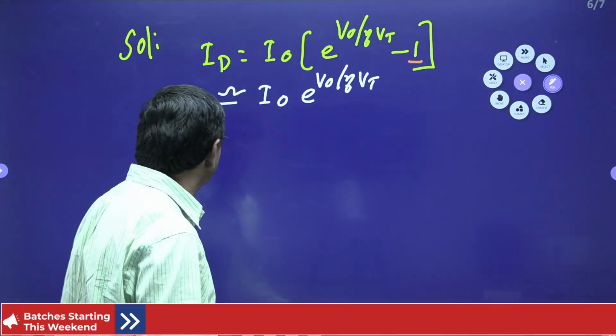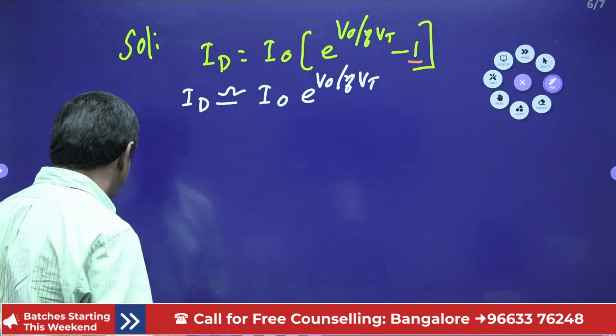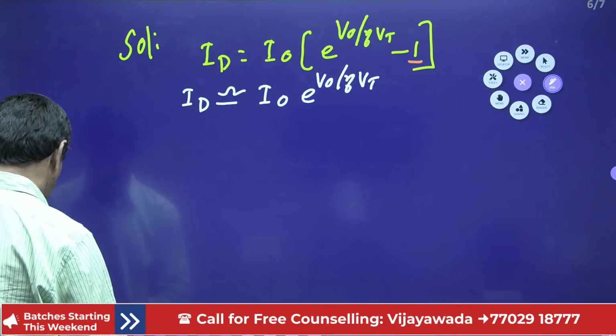I want to substitute the initial I_D. What is given in the problem? You check it once.